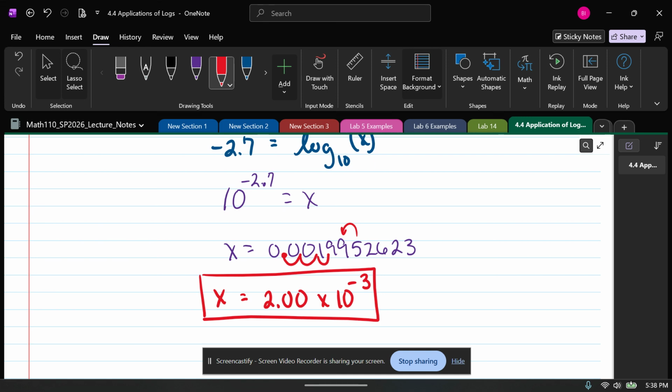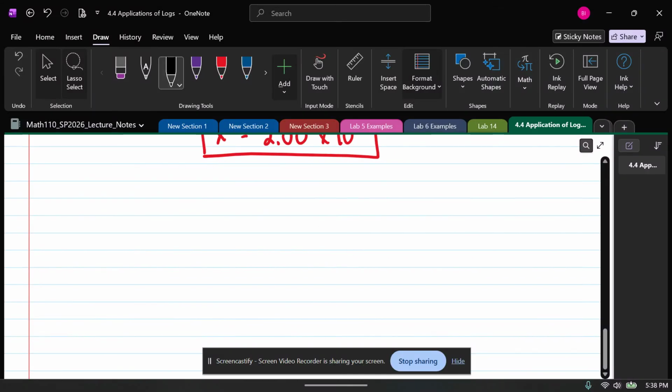All right. Let's look at an example that uses logarithms in earthquakes. That's another place that logarithms are used. The scale on the magnitude of earthquakes, the Richter scale, uses logarithms.